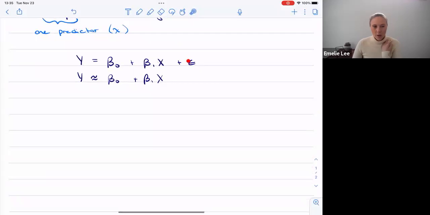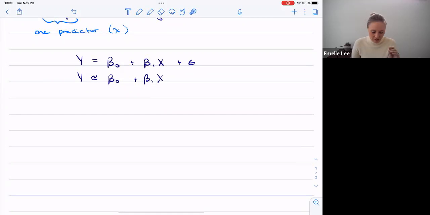We don't ignore this error term, but for the approximation, for the models that we build, we have this beta naught plus beta 1 times x.